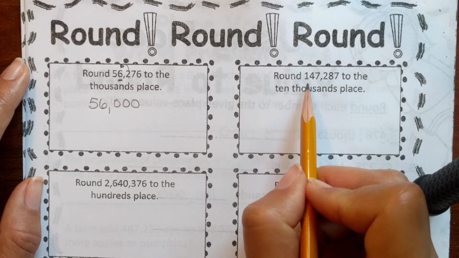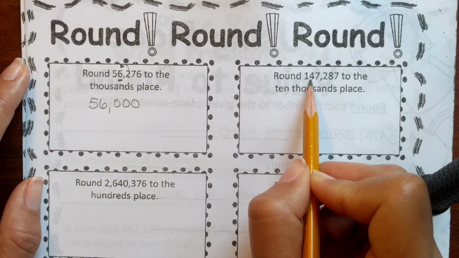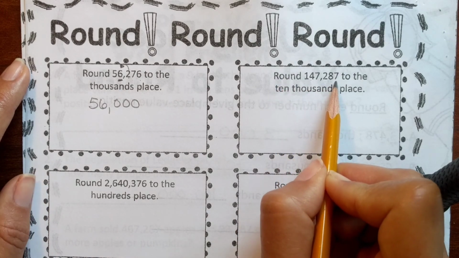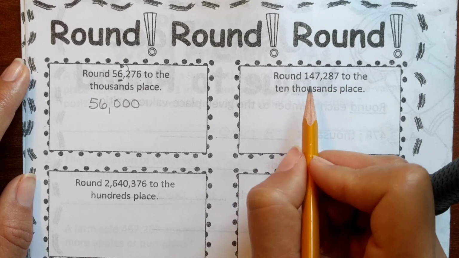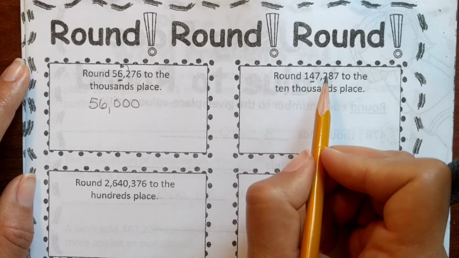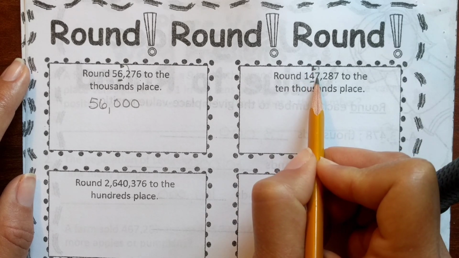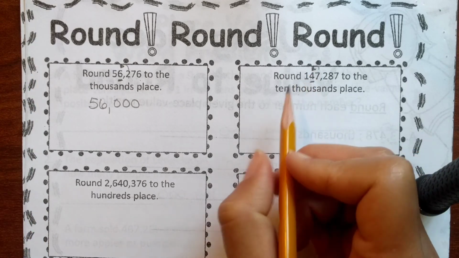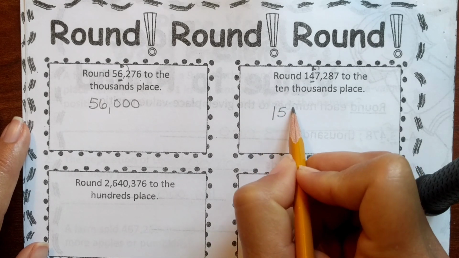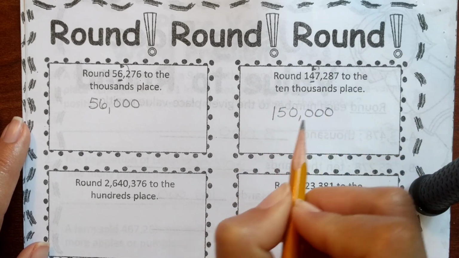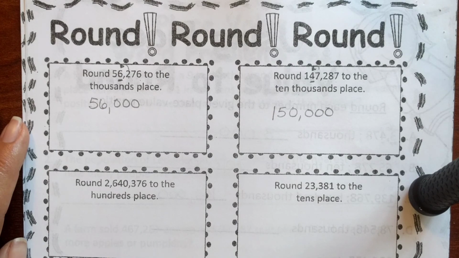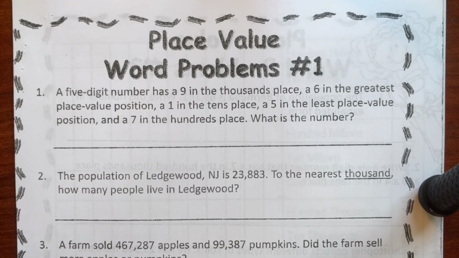Let's do another one. Round 147,287 to the 10,000s place, which is right here. So I look at the digit behind. Is it 5 or more? Yes, it is. So it is going to up the score. I have 150,000 and so on. Go ahead and finish this page.